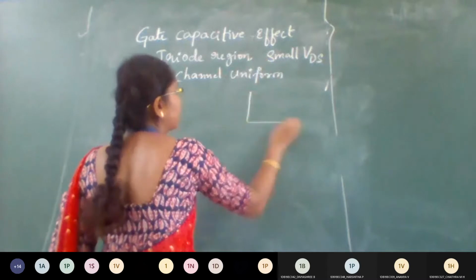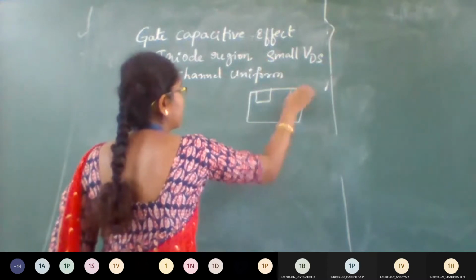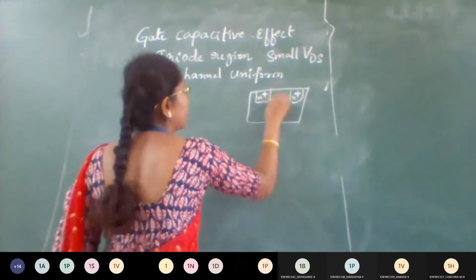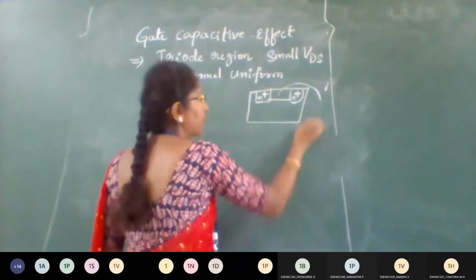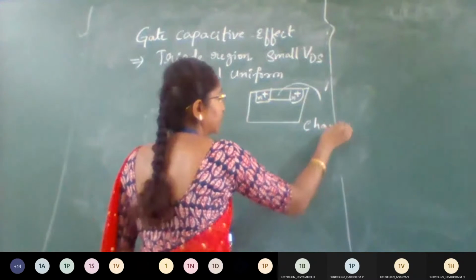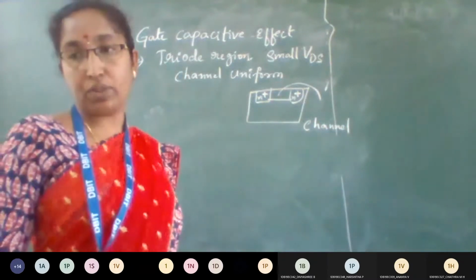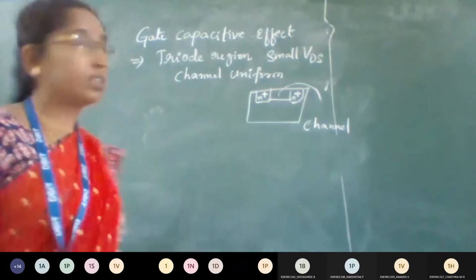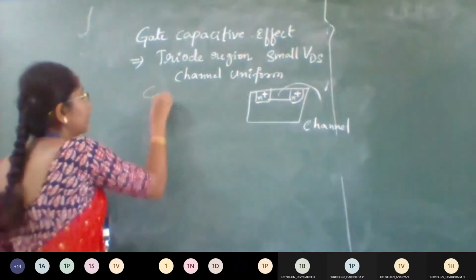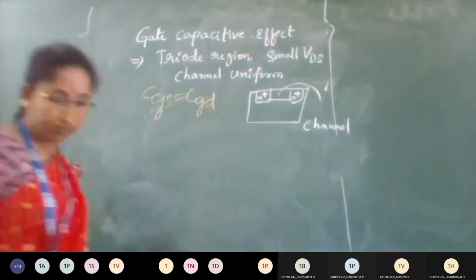Here we can observe in the structure that the channel is uniform throughout. This is the channel region. Uniform depth. So can I equate CGS equal to CGD?